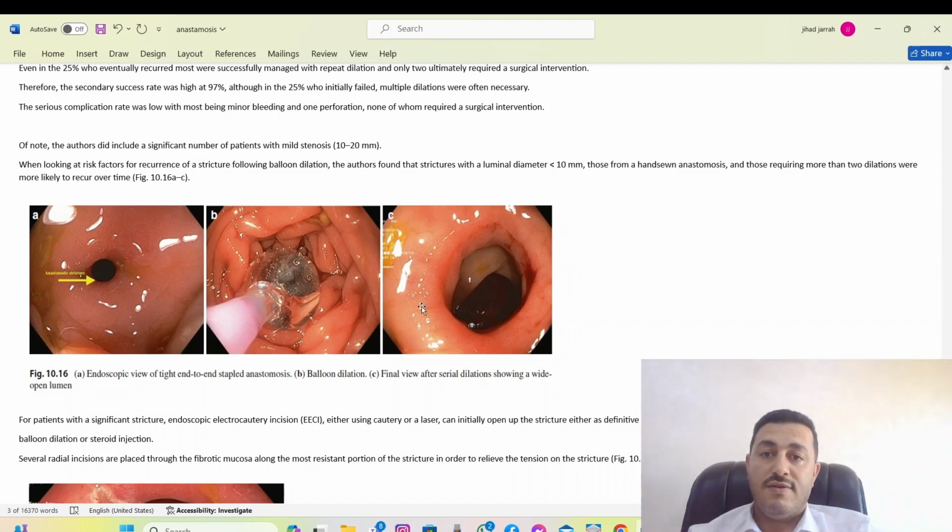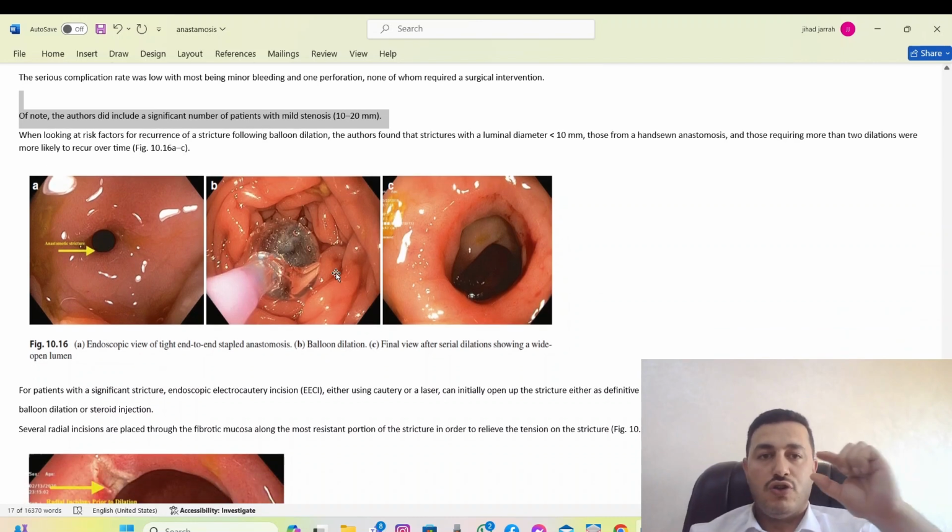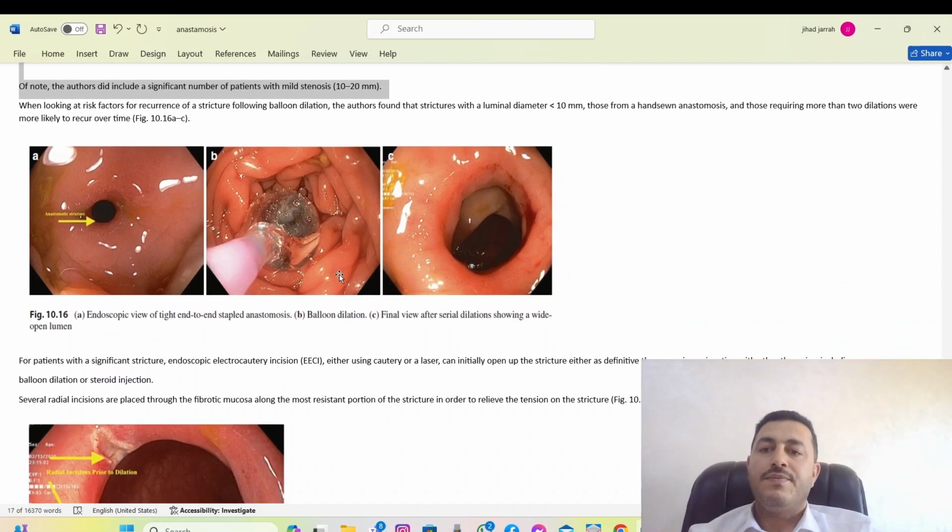Actually, the strictures that are amenable to balloon dilatation are usually mild stenosis, from 10 to 20 millimeter, and they are short segment.